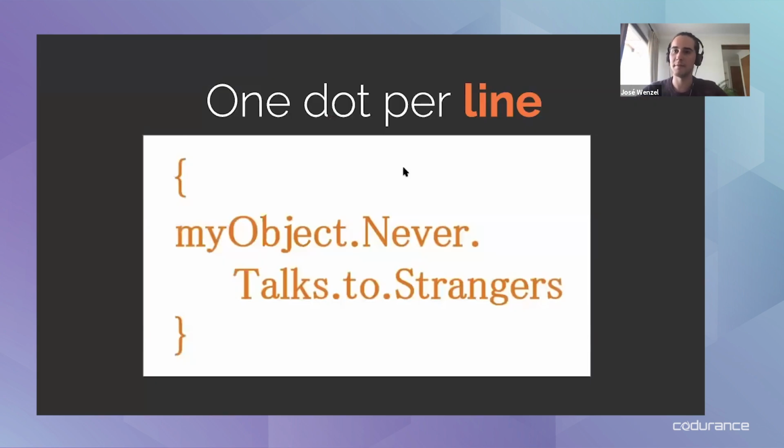Okay, so fifth rule. This is also a very common one, and that people pretty much agree with. The rule says you shouldn't chain method calls at all. It doesn't apply to fluent interfaces, for example, streams.